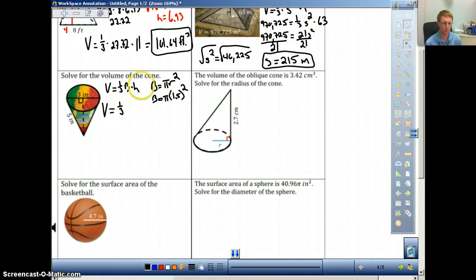So we'll get that in a minute. But the one thing that we're missing is the H. H is what we don't know. But we do know that we have a 5 here and we have a right triangle. So we really need to use the Pythagorean theorem again. 5 squared equals 1.5 squared plus H squared. Again, 1.5 because it's half right here. Okay, this is the missing side that we're looking for.